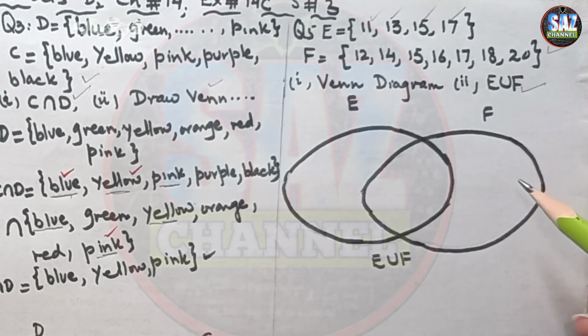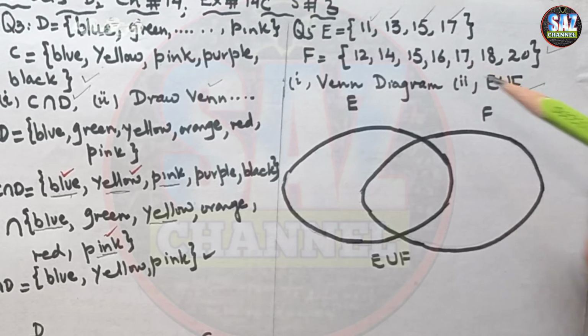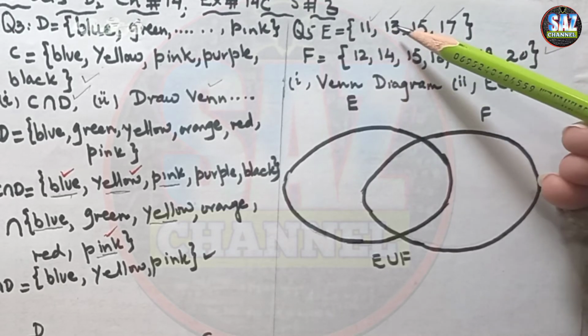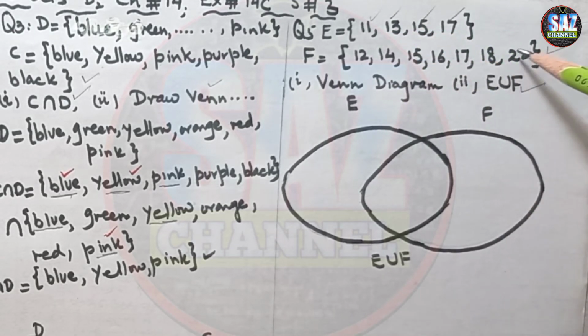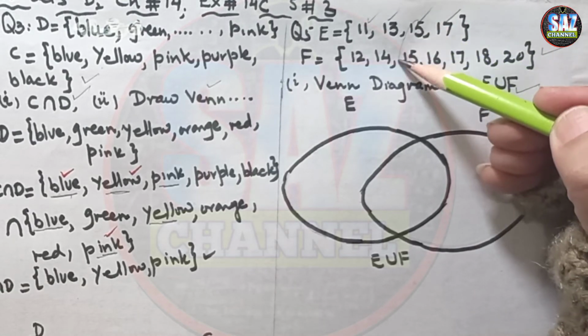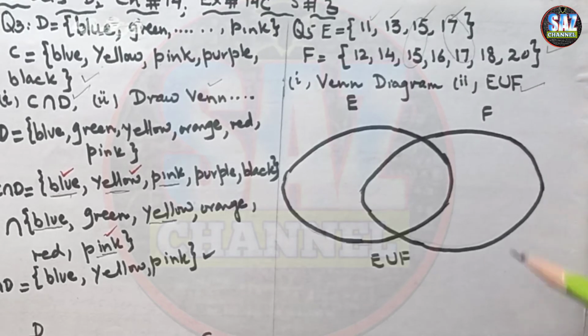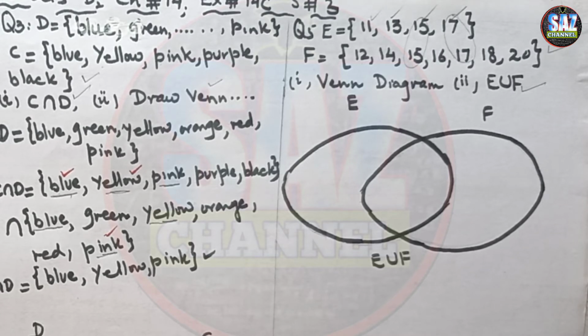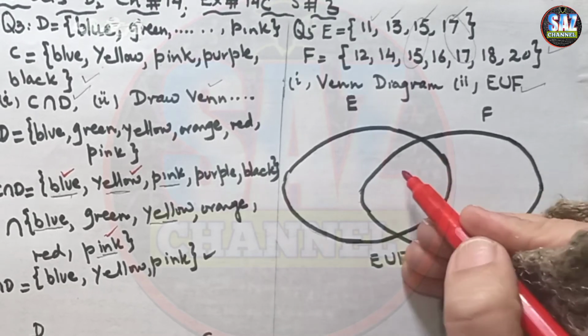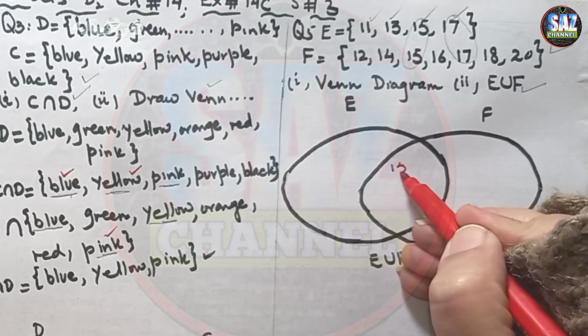First of all, it's important to decide what the relationship between the two sets is. If we look at the elements, 11 is not coming, 13 is not coming, but 15 is coming at both places and 17 is coming at both places. So this is the situation of overlapping sets. First, I have to write 15 and 17 on the overlapping portion.